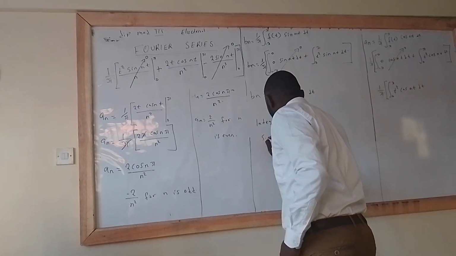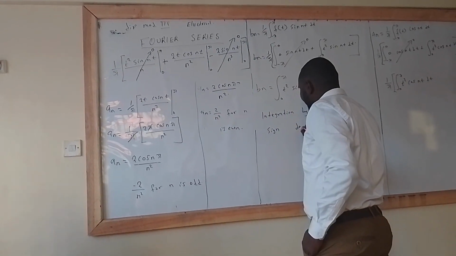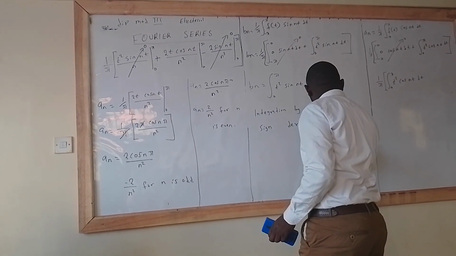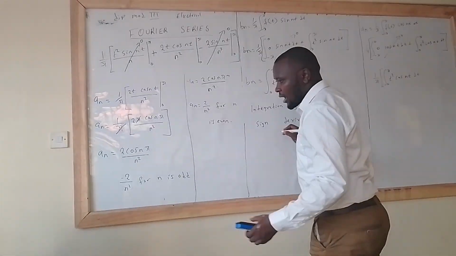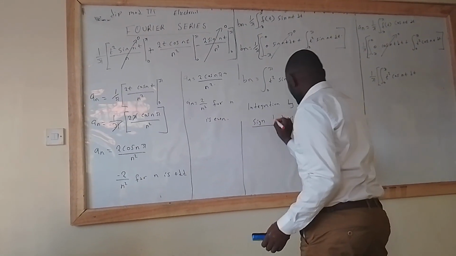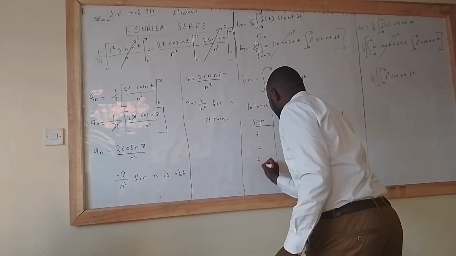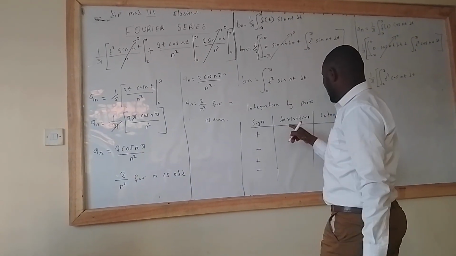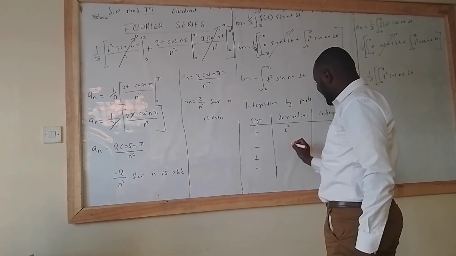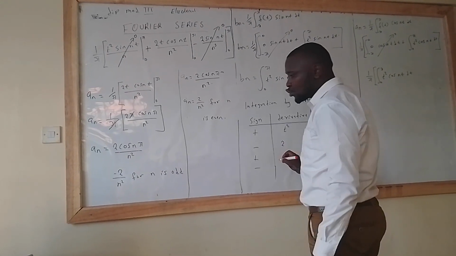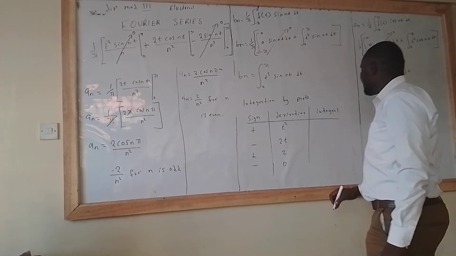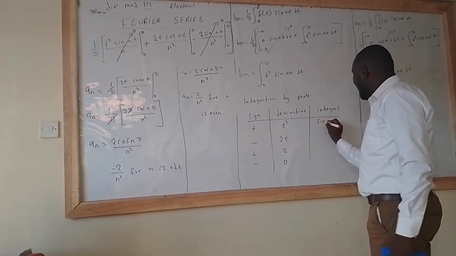The same method: I have the derivative and I have the integral. Sine is just positive and negative. So the derivative takes the value of t squared. If I differentiate it, it is 2t. If I differentiate this one twice, 2 and 0. What about sine of nt?